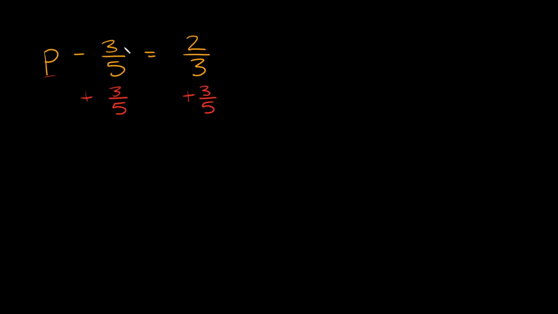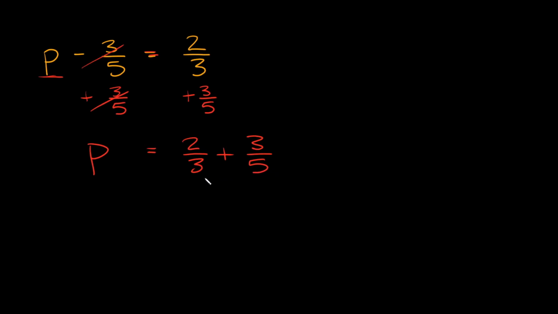Minus 3/5 plus 3/5 just goes to 0. So then all we're going to be left with on this side is p. So p is equal to 2/3 plus 3/5.